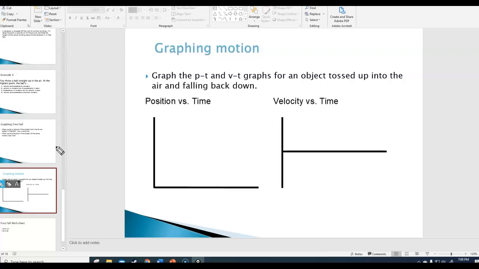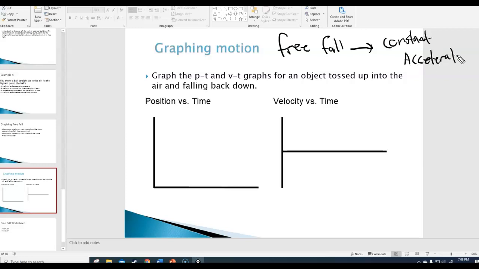Okay, so for example, in a free fall situation, we have constant acceleration. It's constant acceleration up and down, but it's still constant acceleration. And in the last unit, we talked about what a position time graph looks like if you have constant acceleration. It looks like a parabola.